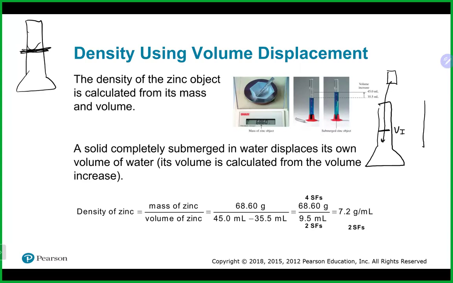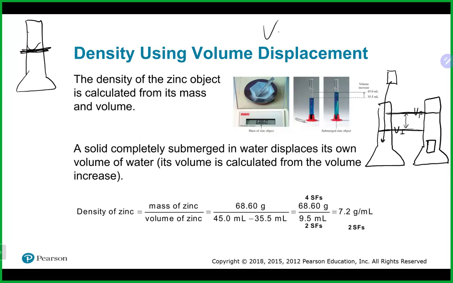What's going to happen is the water level will go up. The object will displace a volume equal to its own volume. So, in this very common density lab, if you take the difference between the final volume and the initial volume, that will give you the volume of the object that you put in there.